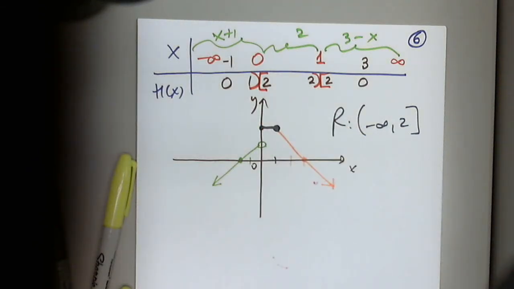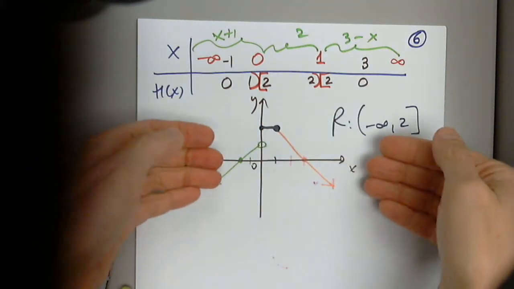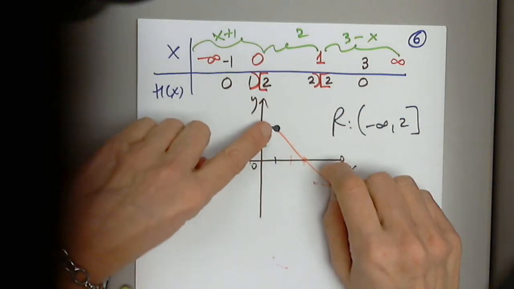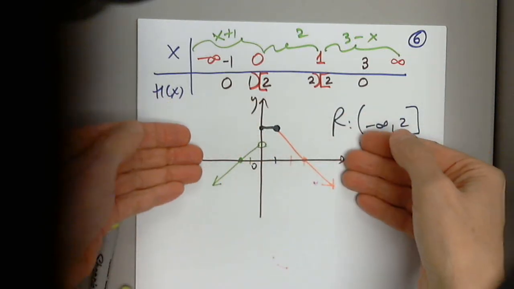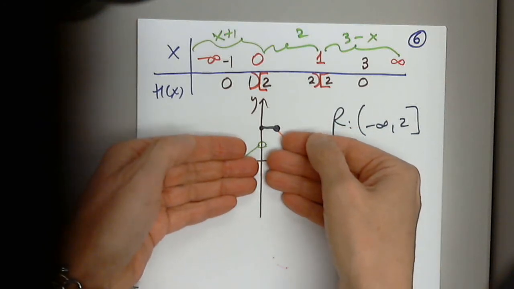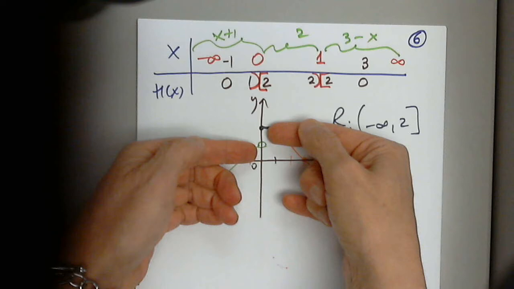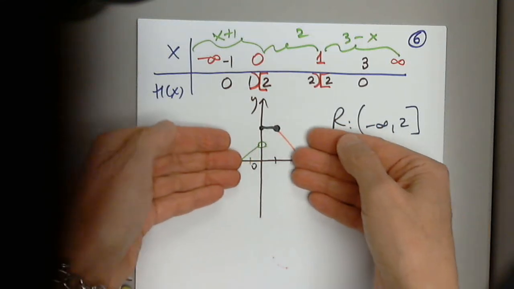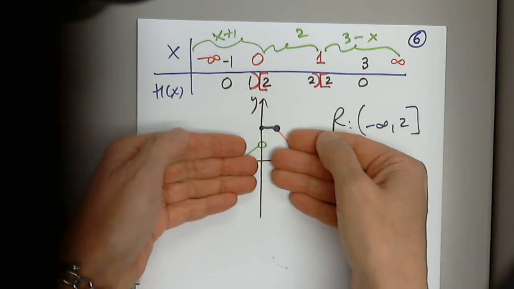Is there a limit from either side? Here at 1, from either side, the limit was 2. But here at 0, from either side, the limit, I don't know what to say. On the left it is 1, on the right it is 2. So from either side, the limit does not exist.